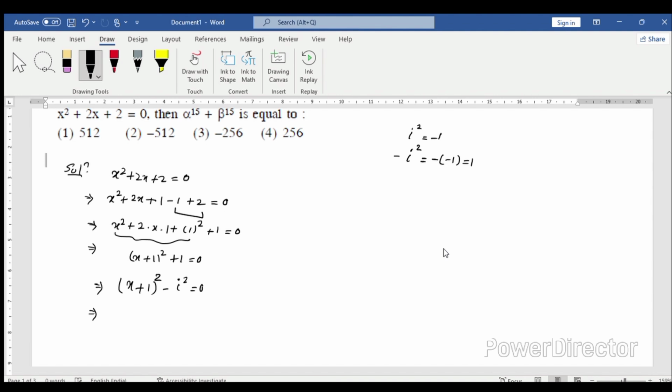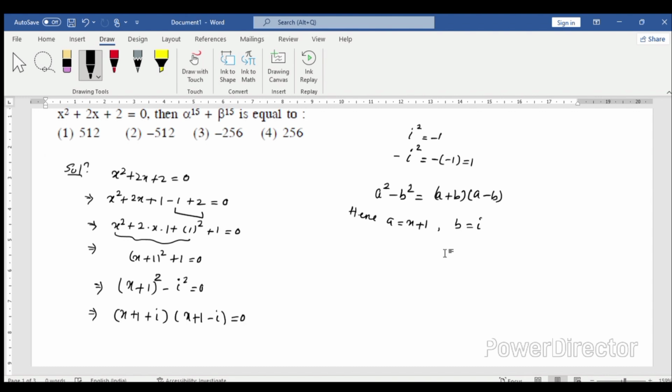Now this is the formula: you know that if it is a square minus b square, then I can write this as a plus b into a minus b. Here a is equal to x plus 1 and b is equal to iota. So I can write this as x plus 1 plus iota into x plus 1 minus iota.